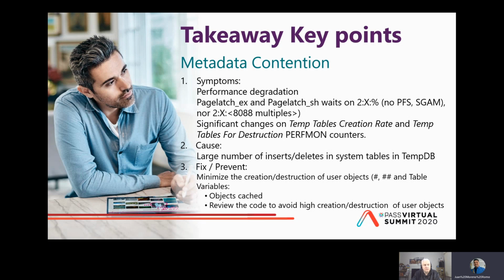You will find them on pages that are dedicated to system objects. If you use Perfmon, you will also see a significant change in the temp tables creation rate and temp tables destruction rate. If you see a lot of change here, that means that you are using a lot of objects, and this could cause this metadata contention.